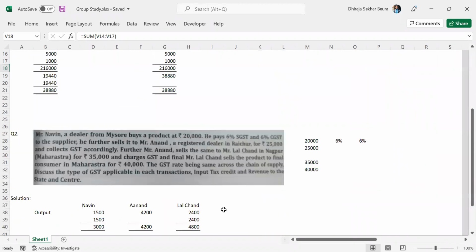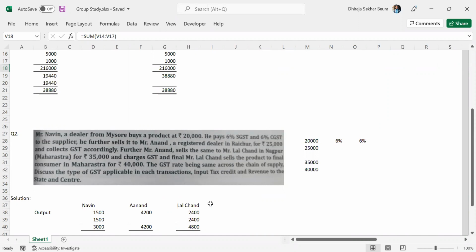So here is the question. Mr. Naveen, a dealer from Mysore, buys a product at 20,000. He pays 6% SGST, 6% CGST to the supplier. He further sells it to Mr. Anand, a registered dealer in Raichur, for 25,000 and collects GST accordingly.